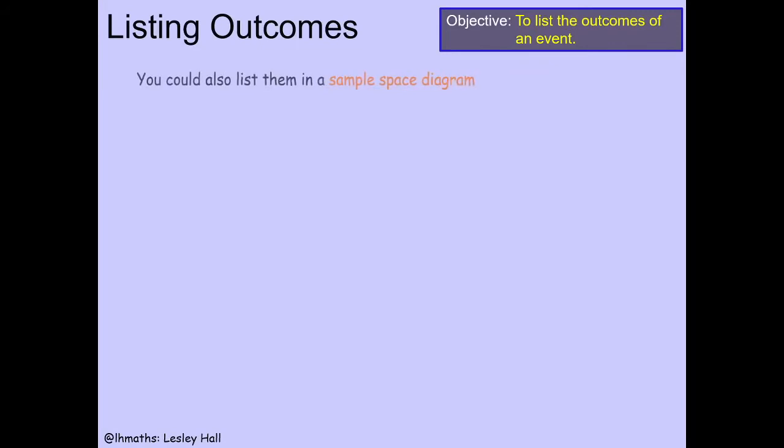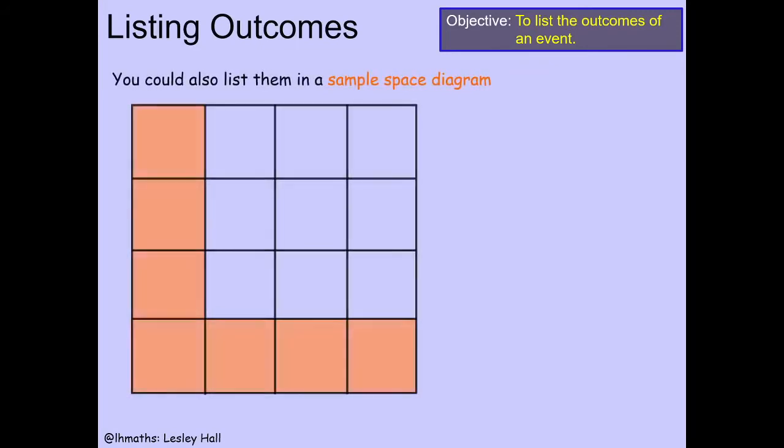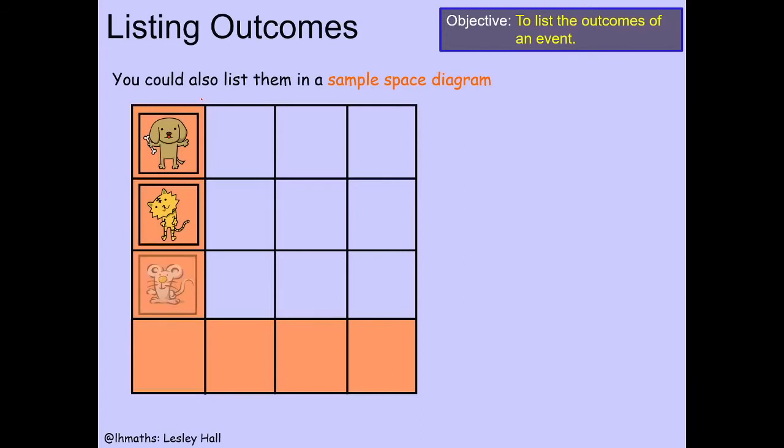Okay, let's make use of a sample space diagram for that. Because using this, you can clearly see and you can systematically list all the possible outcomes. So over here, I'm going to be writing the possible choices. What are my choices, by the way, for the cards? Dog, cat, and mouse. So I'll be having a dog, cat, and mouse.